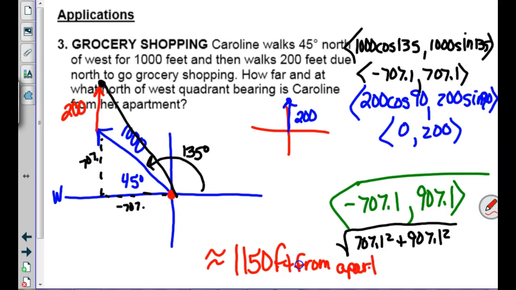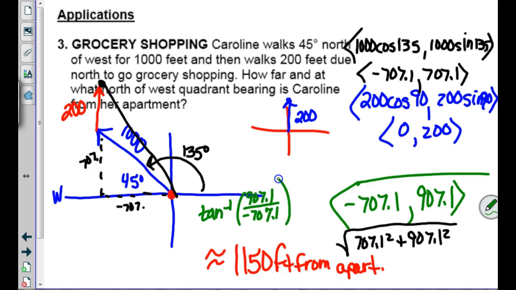Now, it asks, what north of west bearing is Caroline from her apartment? Okay, north of west. So they want the angle in here, but I'm going to do what we're always going to do, is we're going to do inverse tangent of these two coordinates here, 907.1 divided by negative 707.1.